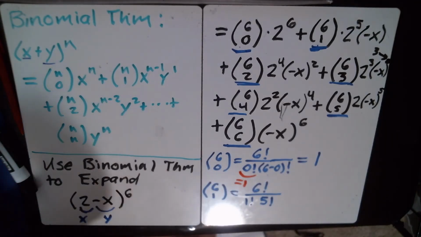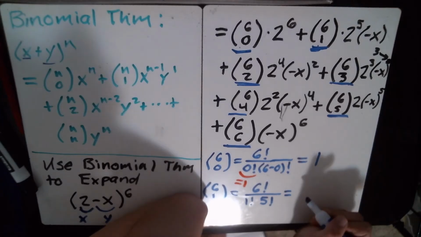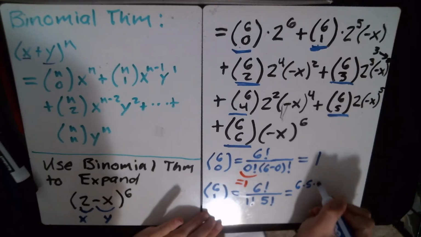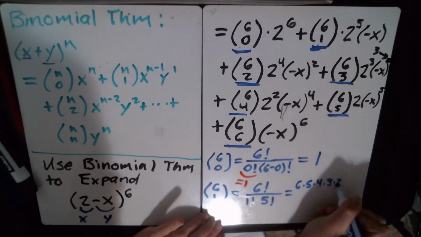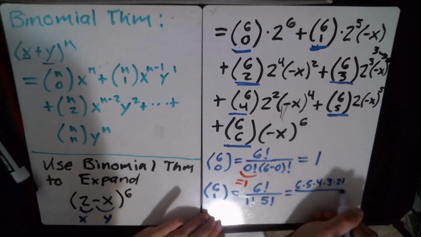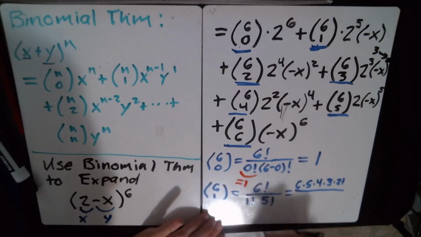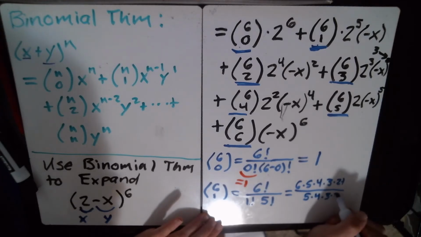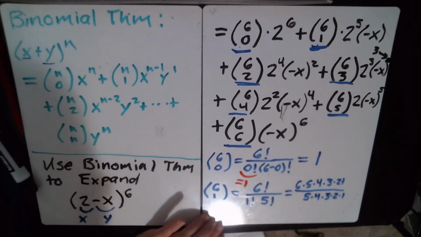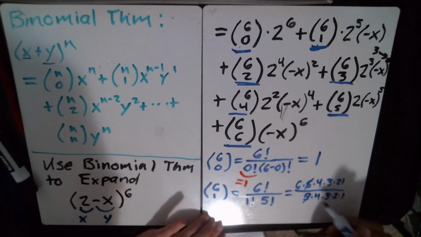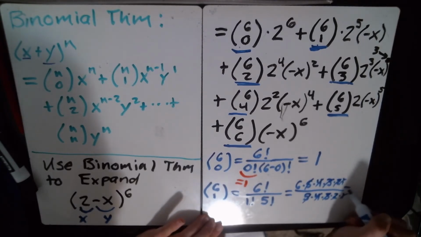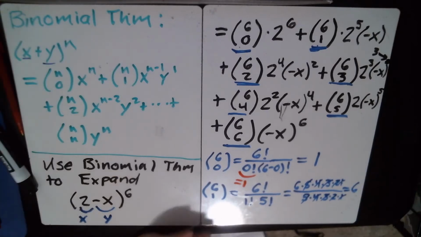When you do this, you have 6 times 5 times 4 times 3 times 2 times 1, all divided by 1 factorial, which is just 1, so that's not going to change anything, and 5 times 4 times 3 times 2 times 1, which is what 5 factorial is. A bunch of this stuff cancels out, and we just get 6 here.